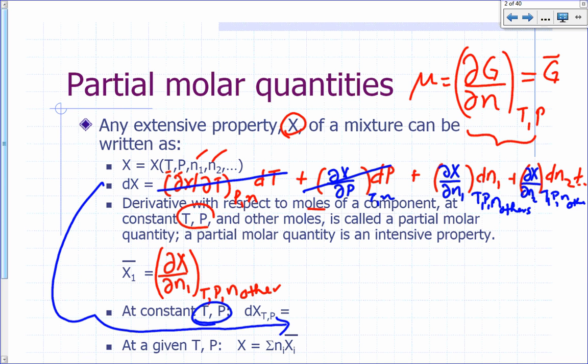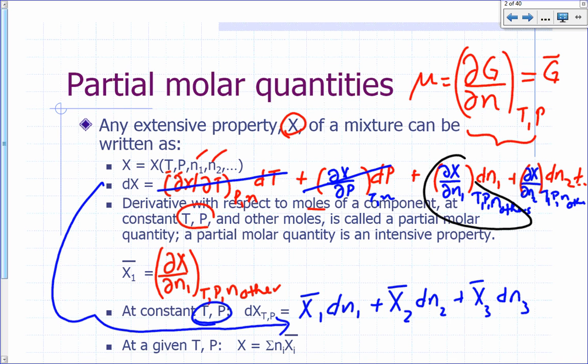So dX at constant temperature and pressure is just going to be X1 bar dn1 plus X2 bar dn2, plus X3 bar dn3 and so on. Okay, notice that this one is X1 bar, the partial derivative with respect to n1, and this thing right here is X2 bar, that's the partial derivative of X with respect to n2.